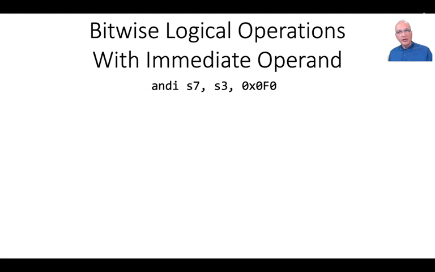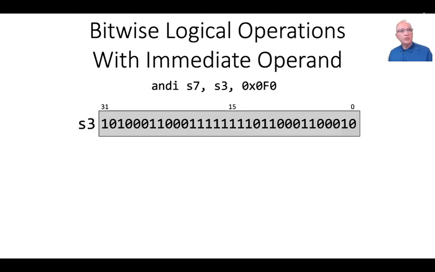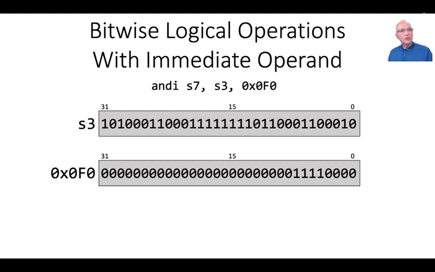We can also have bitwise logical operations with immediate operands. For example, I can do an ANDI, and I can specify an operand with 12 bits. I have a source register S3, and a constant, in this case 0x0F0. The constant is to be sign extended to produce the 32 bits.